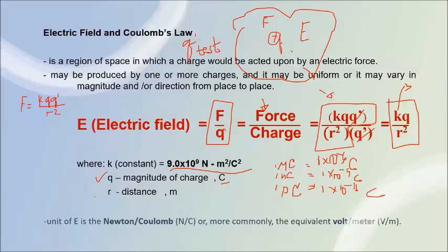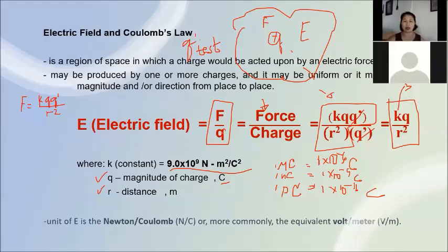Okay. So, yung distance naman, kung naka-express ito in cm or in mm, so kung naka-express siya ng other units like feet or naka-inches, naka-cm, naka-mm, you need to convert that to m.